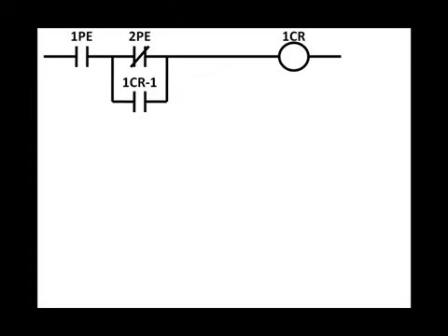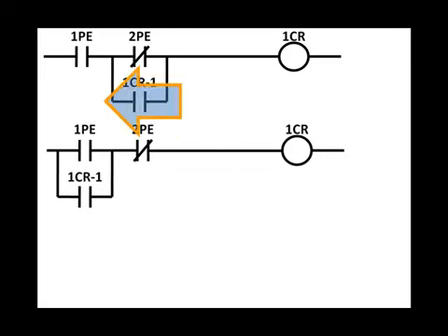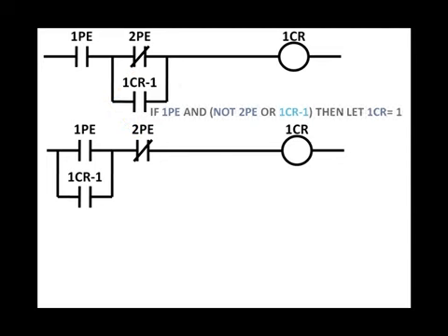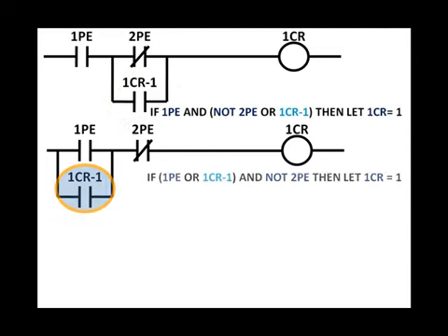What can 1CR remember about the state of 1PE and 2PE? That 1PE was on when 2PE went to the off condition. What will happen if 2PE changes to the on state?